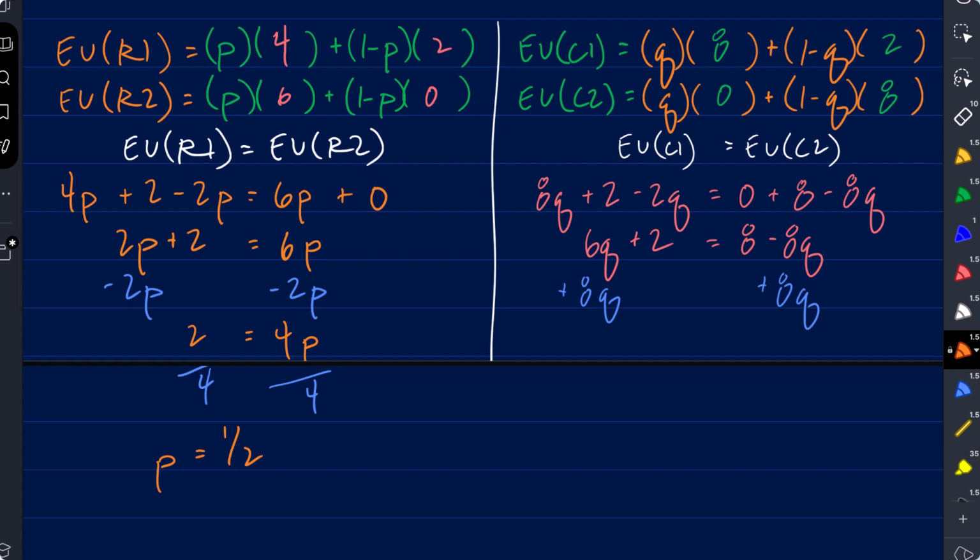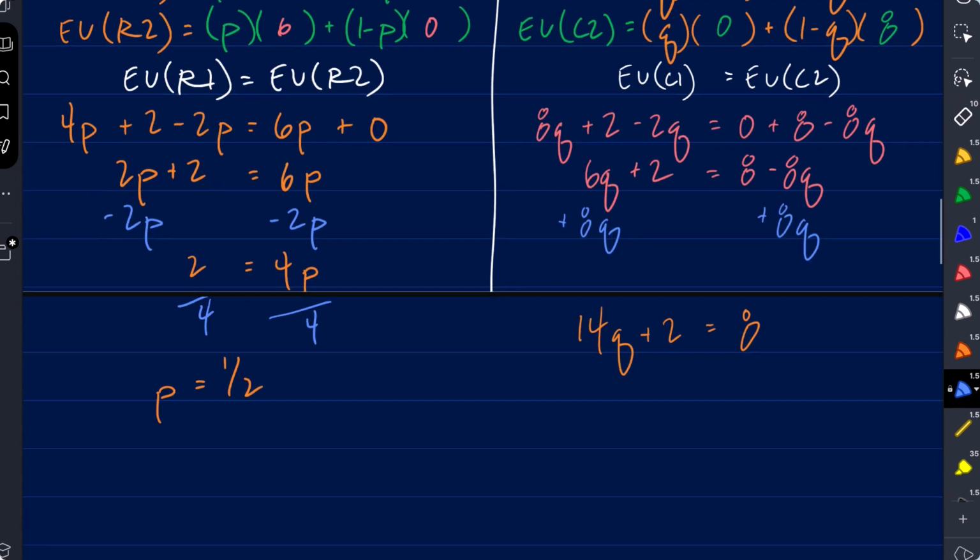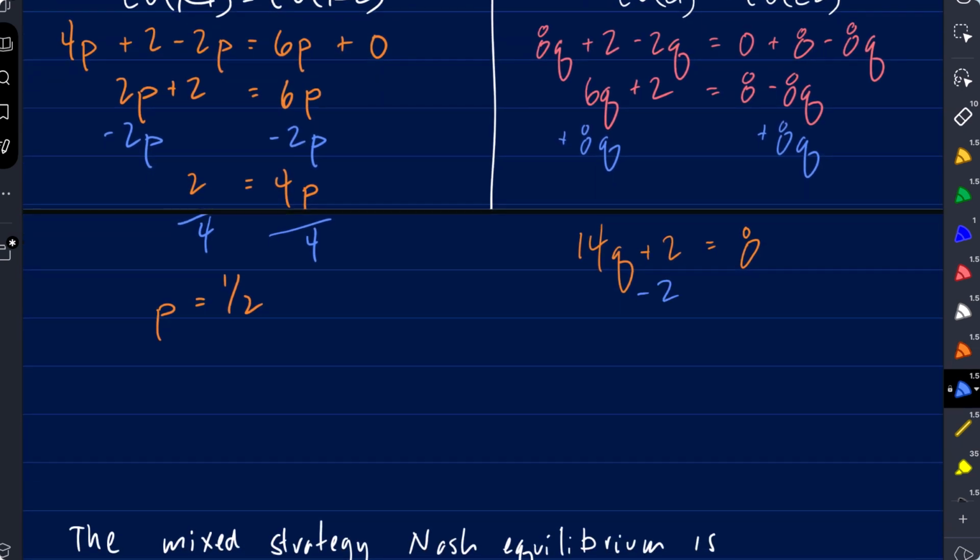So that gives us 14Q plus 2 equals 8. We'll subtract 2 from both sides. So 14Q equals 6. Q equals 6/14, which equals 3/7.